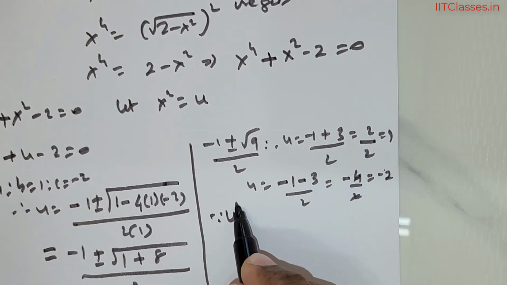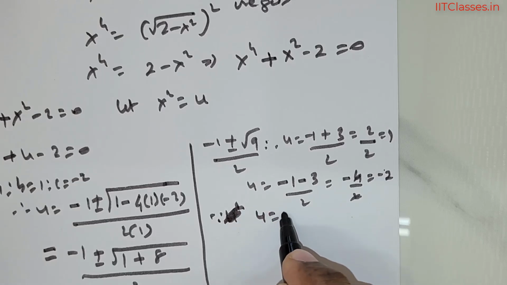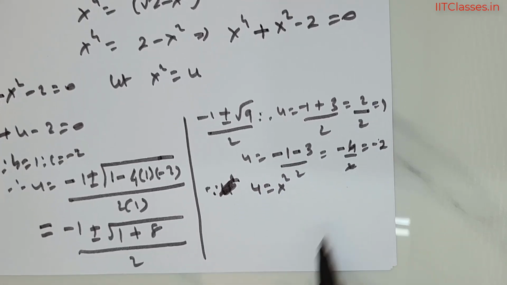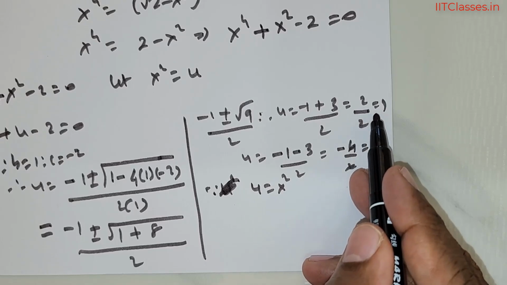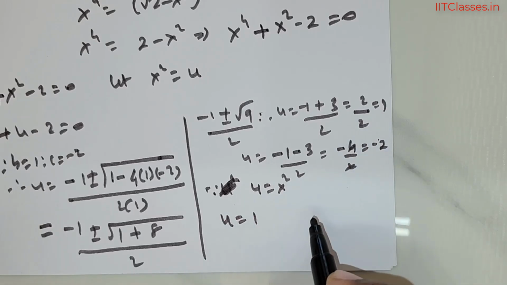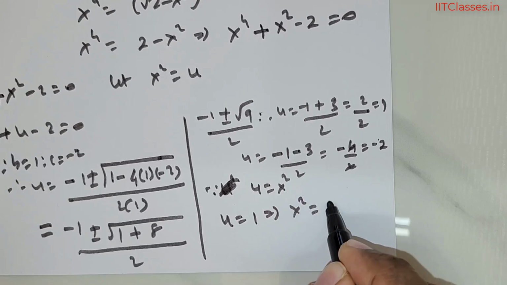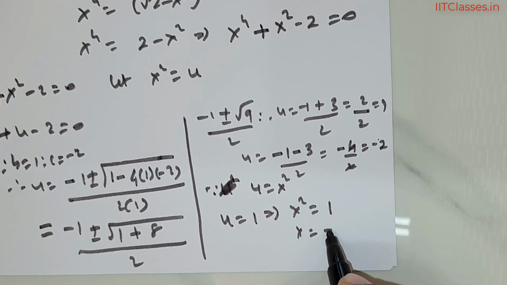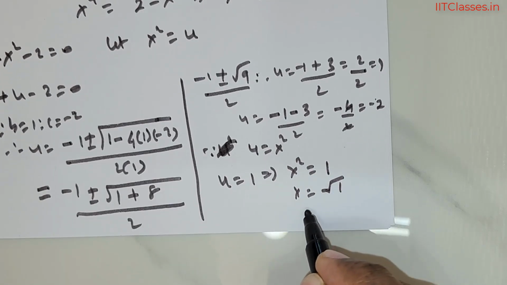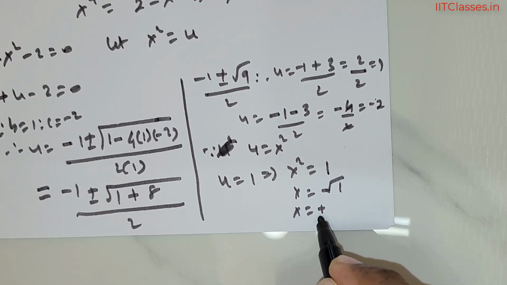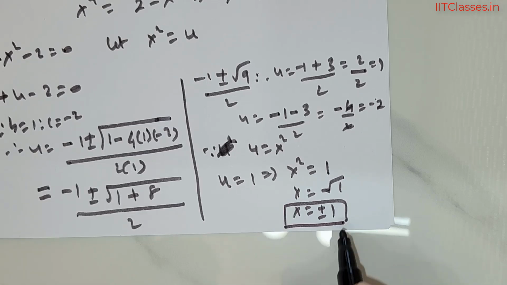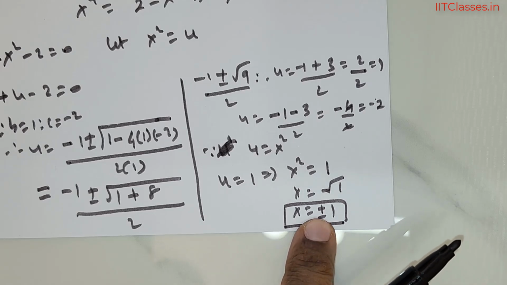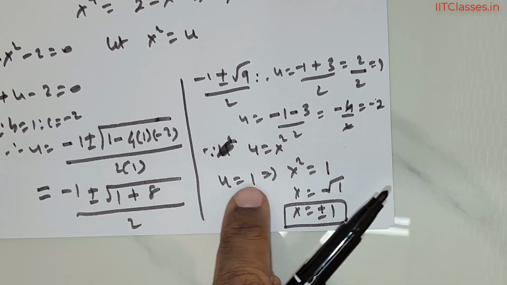Now u is equal to x squared, right? And u is positive 1. So this means x squared is equal to 1, which means x is equal to root of 1. Therefore x is equal to plus or minus 1. So these are the roots that we get when u is equal to 1.